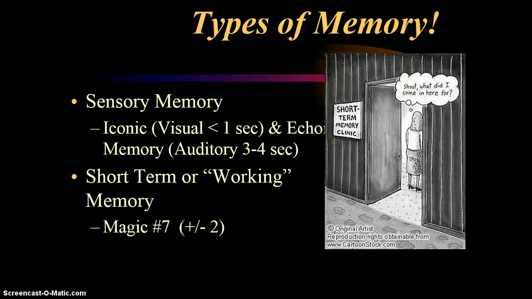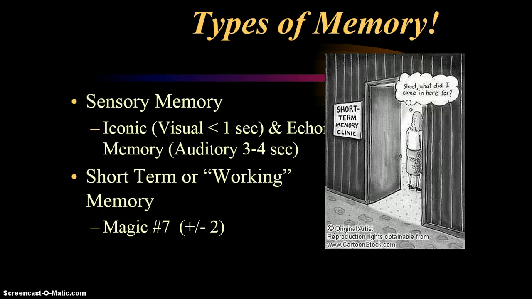Now, the magic number for working memory is 7. We will talk about this several times in class, but the magic number 7, just remember that. Research shows that most people, if you are trying to remember a long list of things within a short time span, if you don't get to study it and study it and study it, generally speaking, the limit for short-term memory for most people is 7 items.